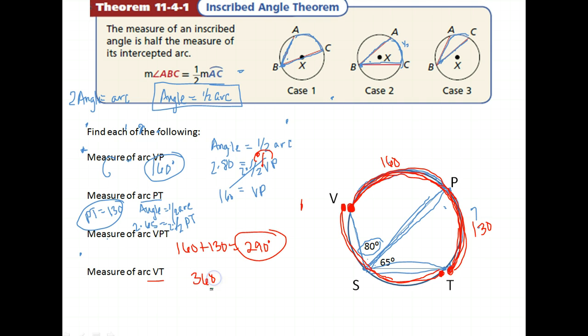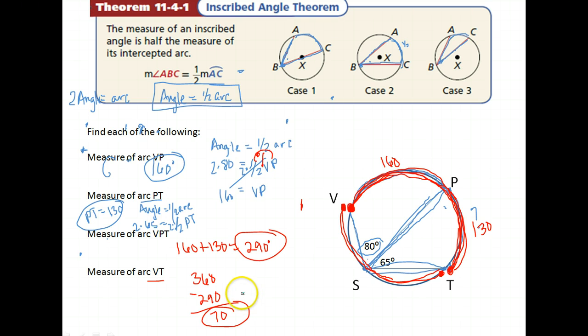So VT will be whatever's left after we subtract the 290 degrees from the arc VPT. So we just take 360 minus 290, and we find that it is a 70-degree arc.